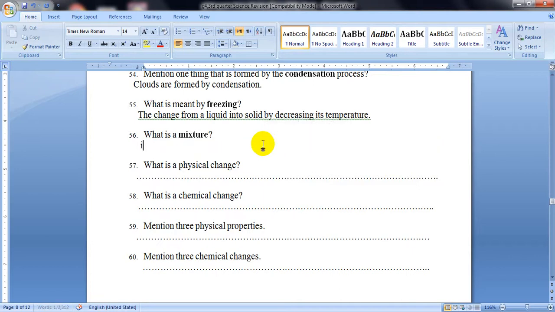So a mixture is a combination of two or more substances that keep their own identities or properties.